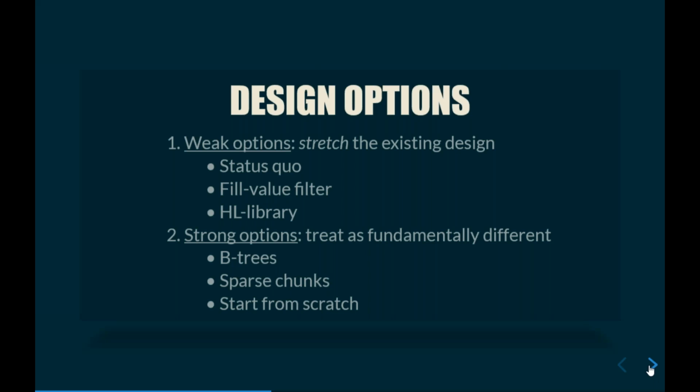And then the main strong options, where you treat sparse data sets as something fundamentally different, would be, of course, internally, B-trees, which are widely used in the HDF5 library, and that would be an option to store very sparse data sets.